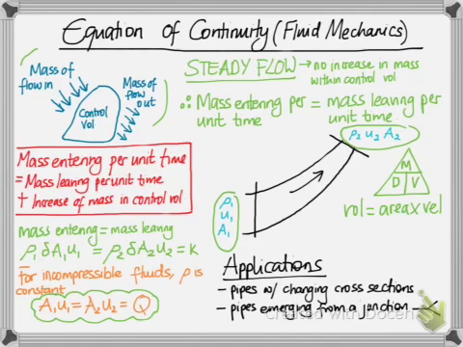So we can apply continuity in this case. In the first case, we're talking about cases where we have maybe a sudden contraction, so we have a decrease in area, or maybe a sudden expansion, so we have an increase in area. If we're able to calculate continuity, this value of Q will allow us to calculate the different values of velocity, and that way we can have a lot more information about our system.